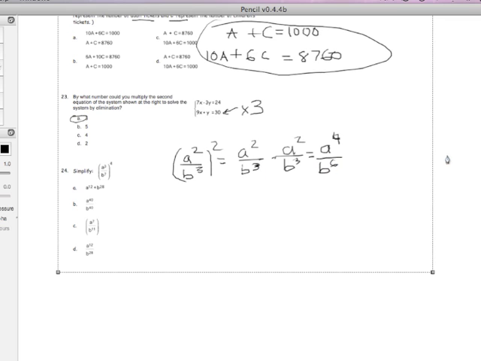So what did we do? We sort of distributed: we multiplied 2 times 2 to get 4, and 2 times 3 to get 6. So this would be a to the 12th over b to the 24th right there.